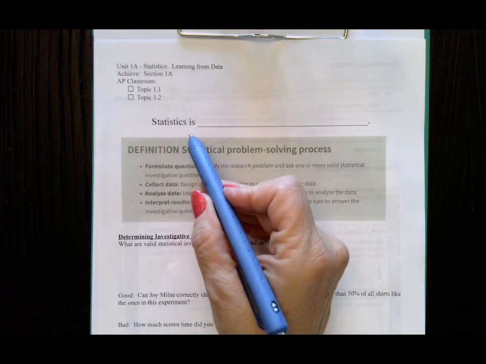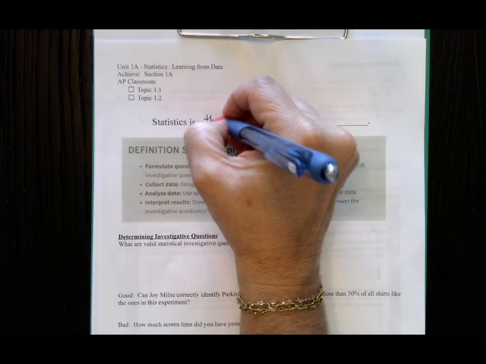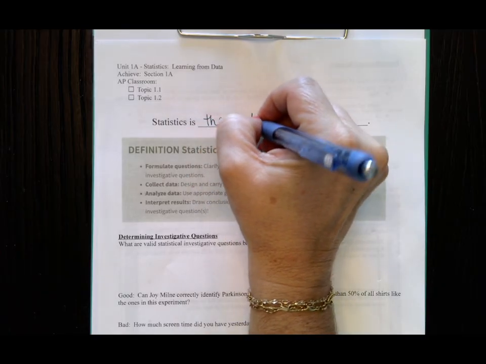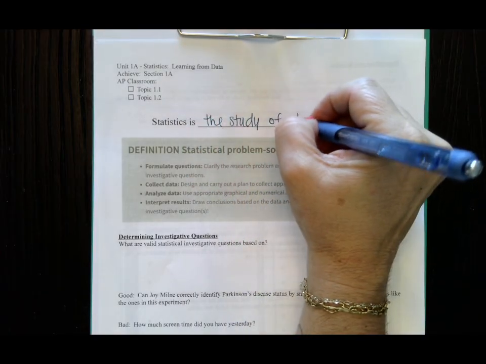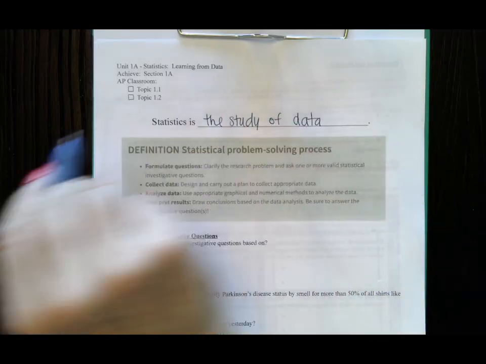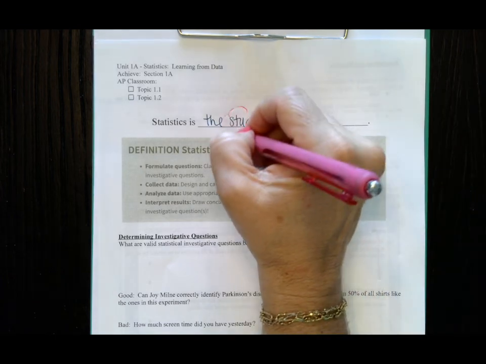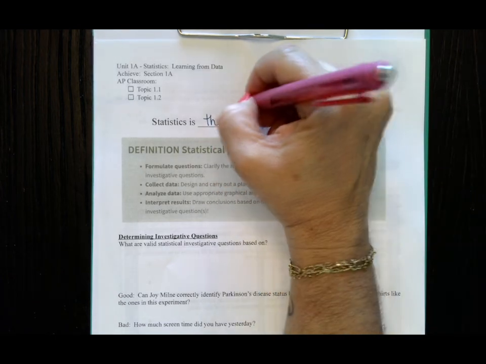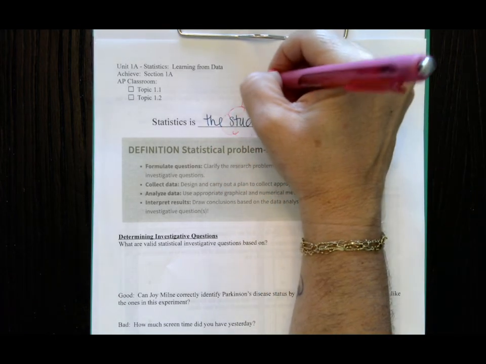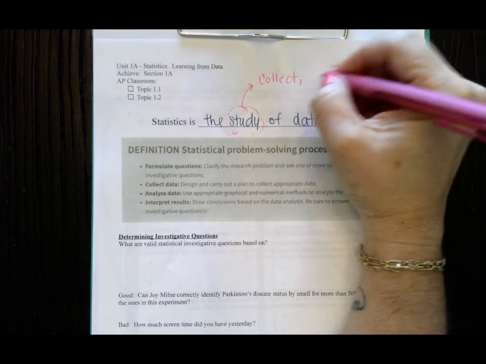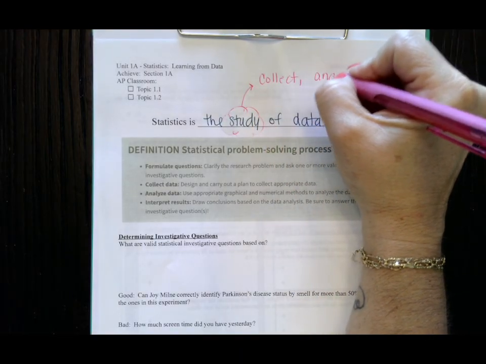What is stats? And basically this is just the study of data. And what does this word study mean? And I think that's the important thing here. So what happens in this whole year, what we're going to do with this word study is we're going to collect data. We're going to analyze that data.